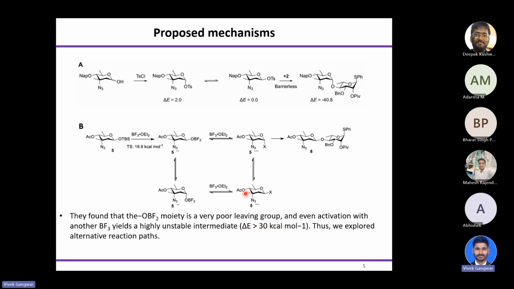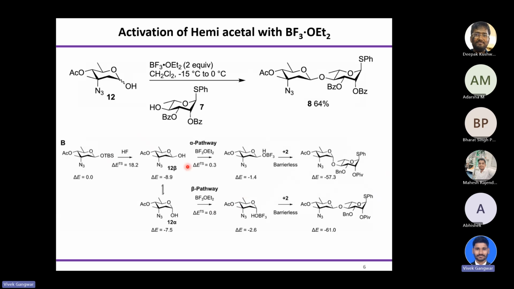So they explored this reaction. They did the activation of hemiacetal using BF3, and then also they got beta selectivity. For that, the same starting material as in the previous case was used here. First they deprotect using HF and get hemiacetal. This hemiacetal is activated by BF3.